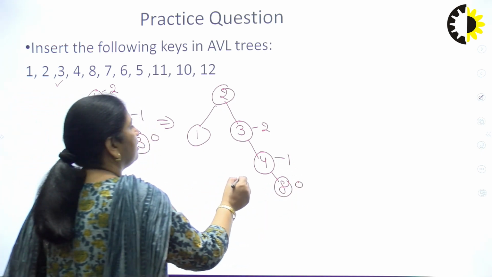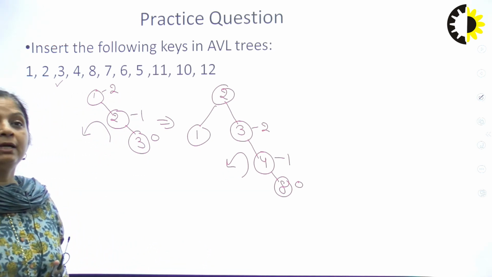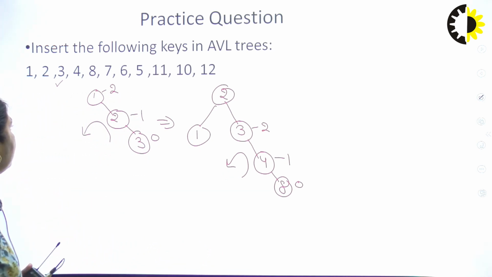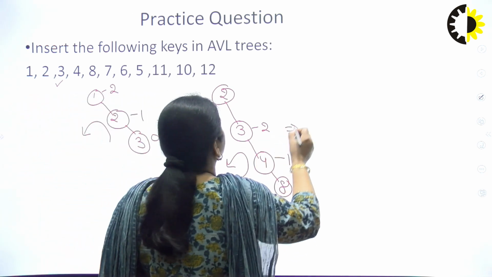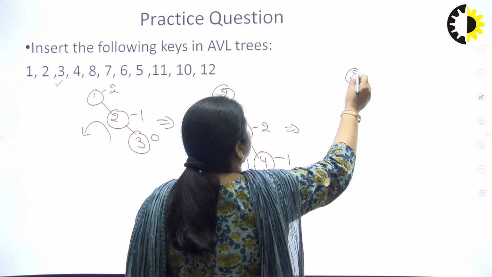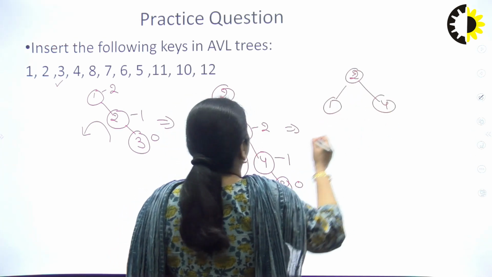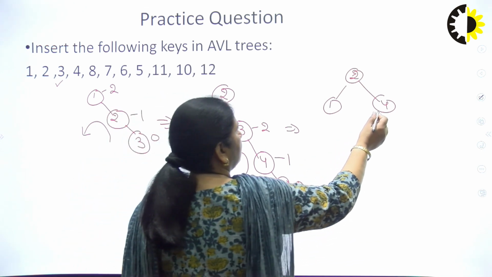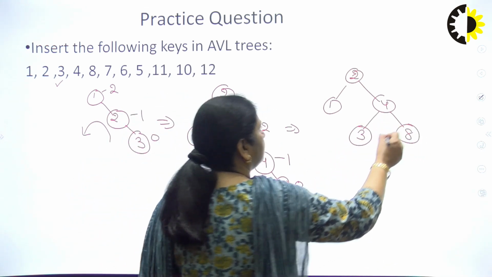So again I will rotate left because of the same sign, minus. So I'll get a tree which is having 2 as the root, 1 as left, 4 as right, and 4 will be rotated. So 3 will come at this location, 8 will come at this location.